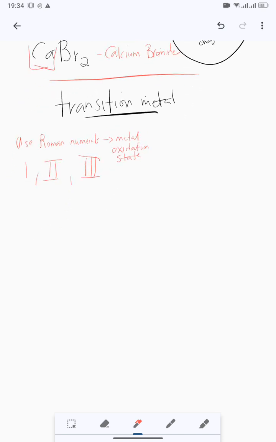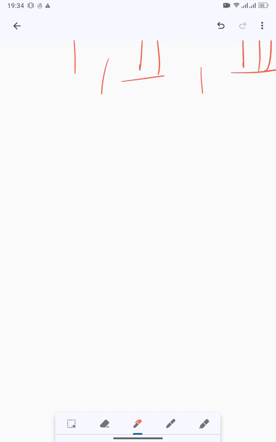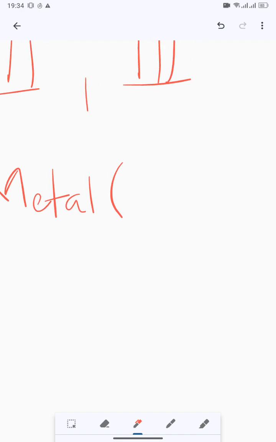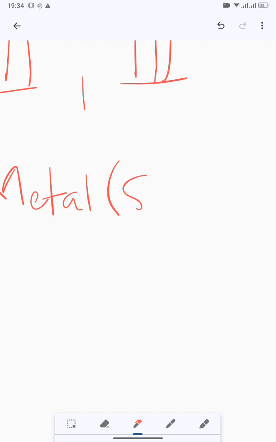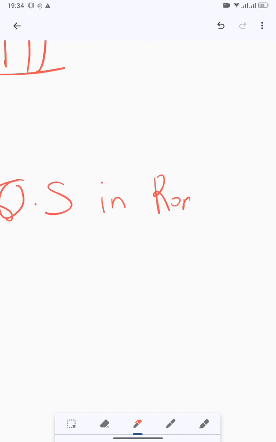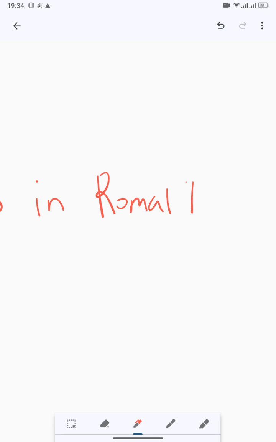So how will you name it? Let me say name, and then you start with the metal. And then here you put the oxidation state in Roman numerals. I'll just write Roman numerals.